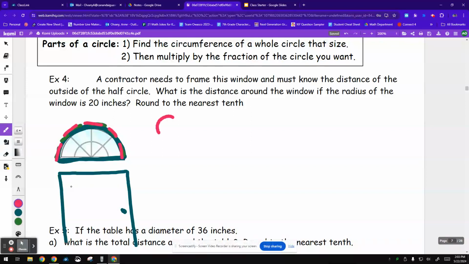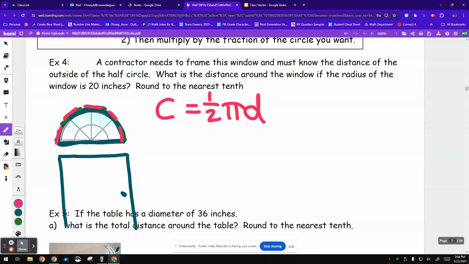So I'm going to write C equals pi d, but I'm actually going to put a half here, because I always forget at the end to divide it by 2, even though I've done this question 1,000 times. So I like to put it right in the front. I'm going to take half. Let's see what the diameter is.